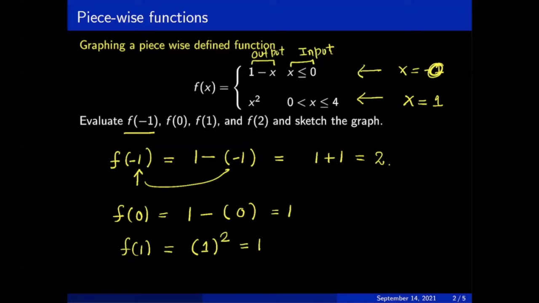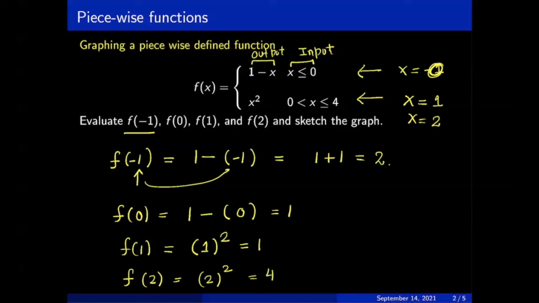So I get 1. Now if I take the last example, which is f of 2, this one is again in the second row because x equal to 2 lies between 0 and 4. Therefore, the output is the square of my input, and my input is 2. So this is equal to 4.